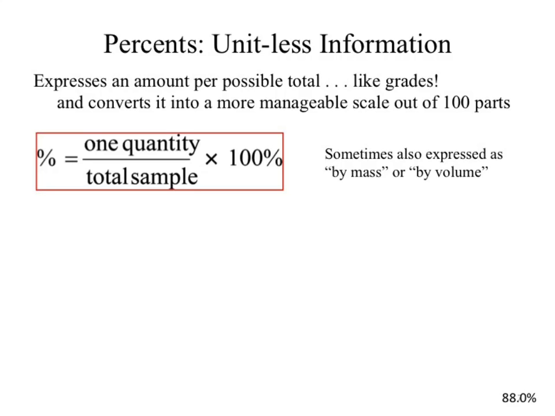That's all a percent is talking about. So it's the one quantity out of the total sample, and since it needs to be out of 100, we multiply by 100% to get our percent. Then we can report everything as a percent. If we want to do any calculations, we have to take it back into the decimal. So 90% becomes 0.9 whenever you do a calculation.